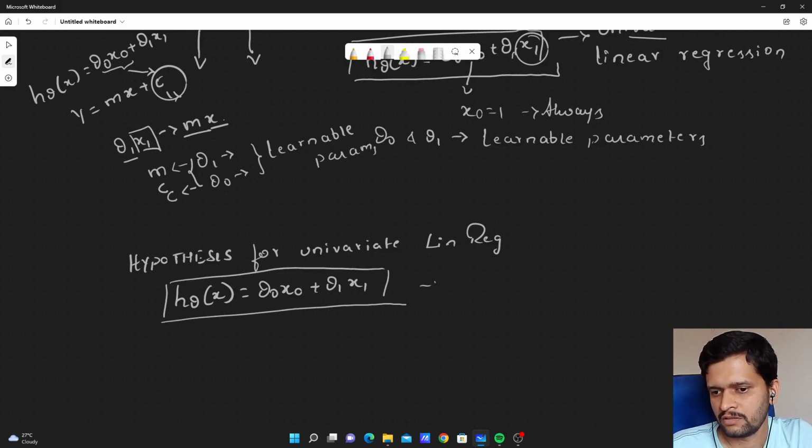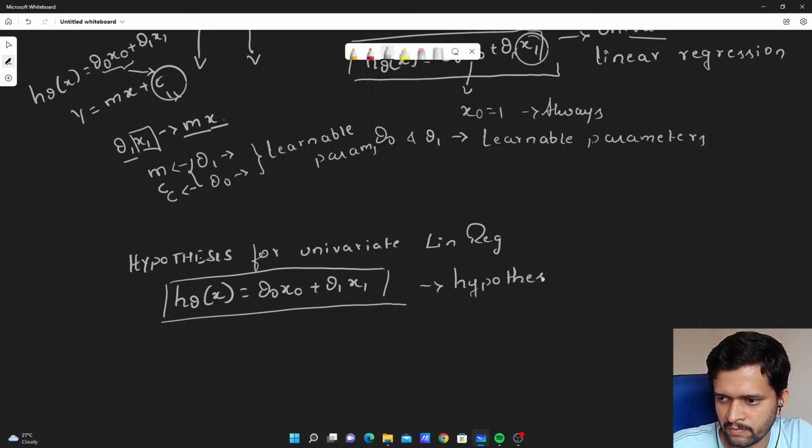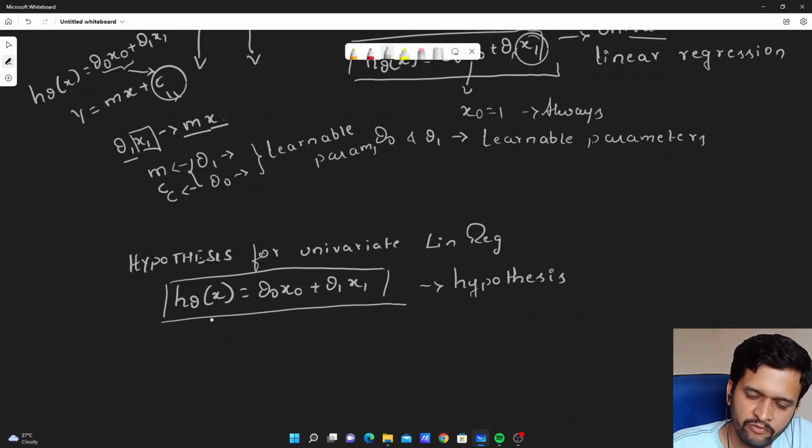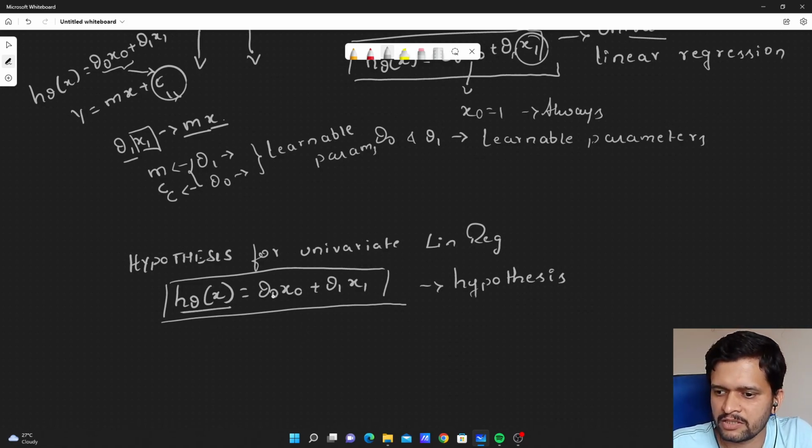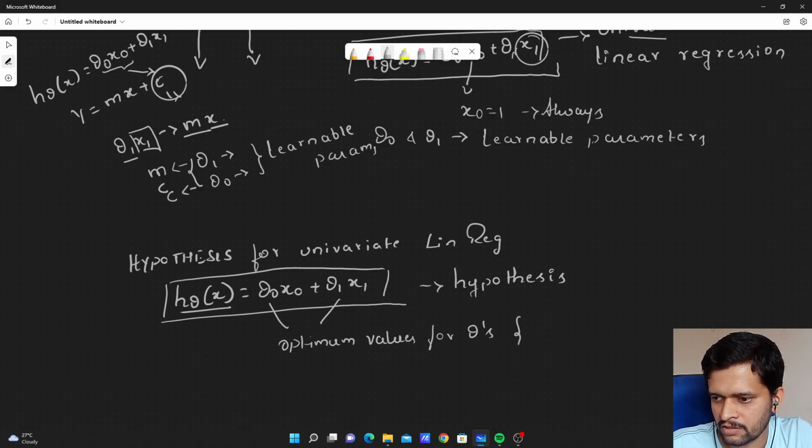I will talk about the notation in my next videos, but just remember this univariate linear regression hypothesis. And in my next videos, I will talk about how we can find the optimum values for the thetas. Thetas constitute theta 0 and theta 1.